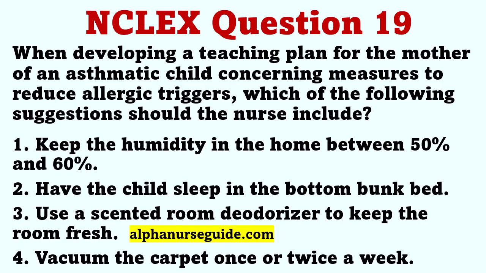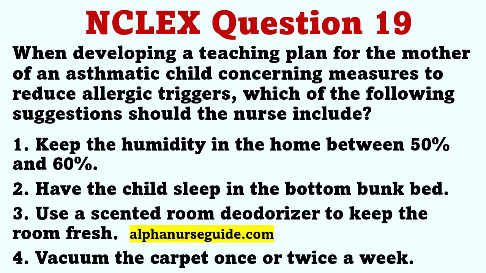The risk of exposure to dust mites increases when the child sleeps in the bottom bunk bed because dust mites fall from the top bed, settling in the bottom bed. Scented sprays should be avoided because they may trigger an asthmatic episode. Ideally, carpeting should be avoided in the home if the child has asthma. However, if it is present, carpeting in the child's room should be vacuumed often, possibly daily, to remove dust mites and dust particles.